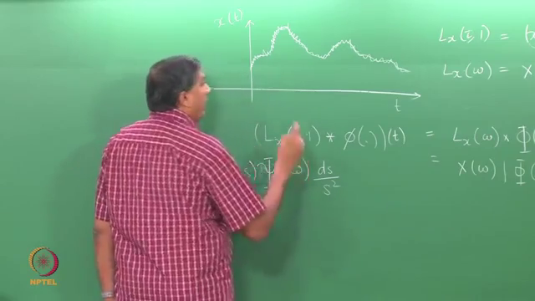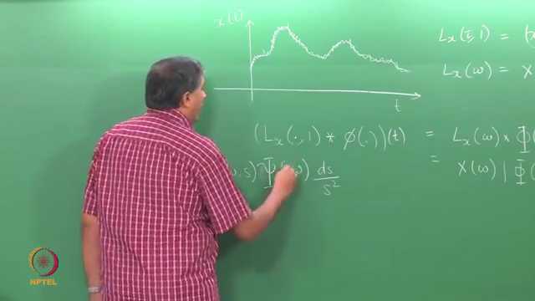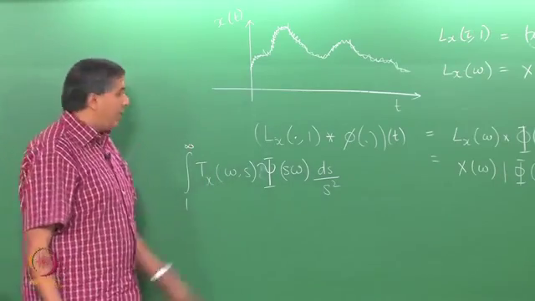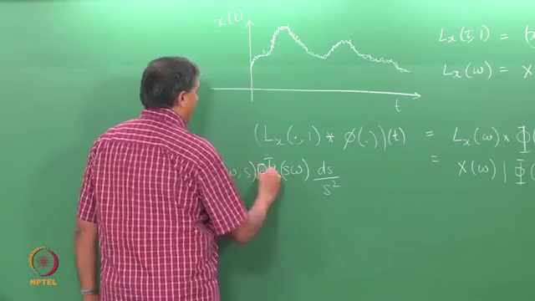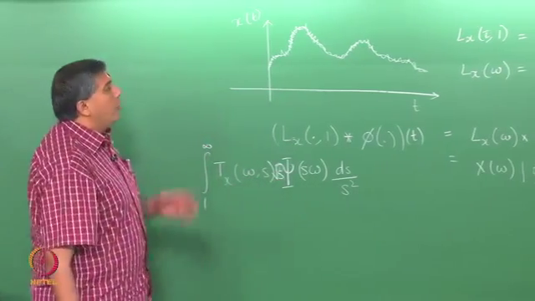But since the wavelet is at scale s, I cannot have simply psi of omega, I should have psi of s omega times root s, right. Hopefully, it is clear now.